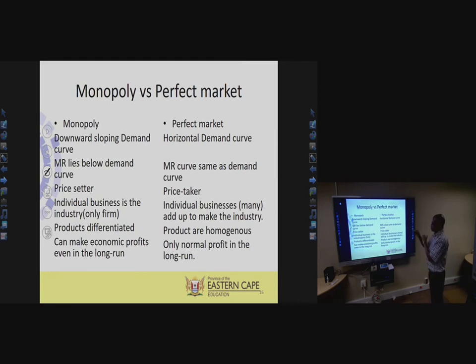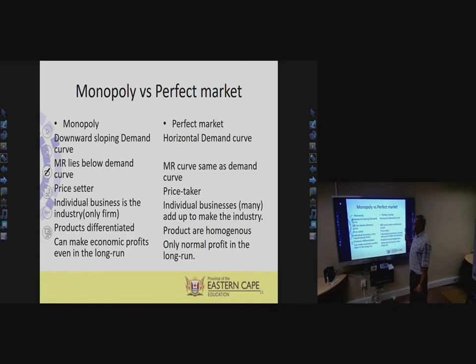Total revenue is Q1 times P1, and my total cost is Q1 times C, and C is equal to P. Therefore, total revenue is equal to my total cost. This means that the monopoly has made a normal profit. Okay, then this was explaining that.